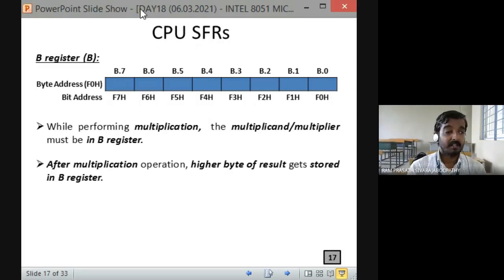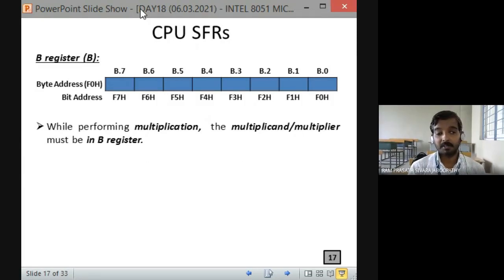Okay. After multiplying two 8-bit data, one is in the accumulator and the other is in the B register. So after performing multiplication, what is the maximum possible size of the output? When we multiply two 8-bit data, the result can be up to 16 bits, which cannot be stored only in the accumulator.